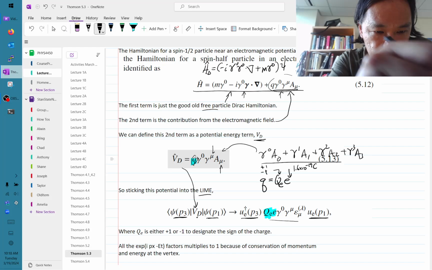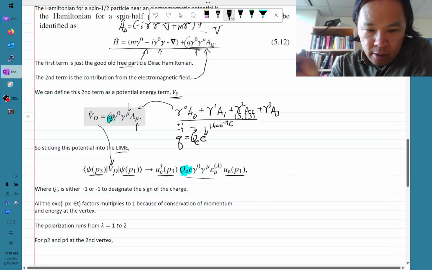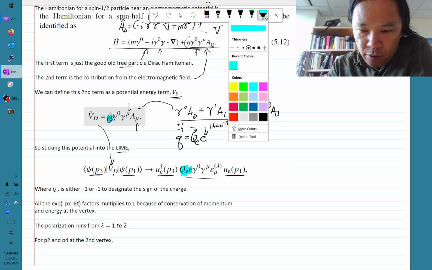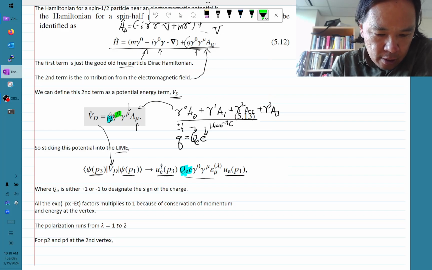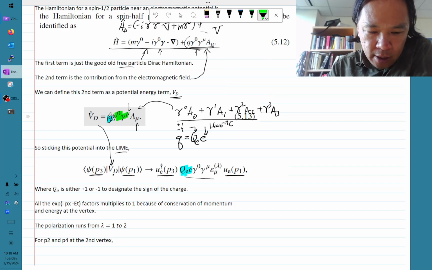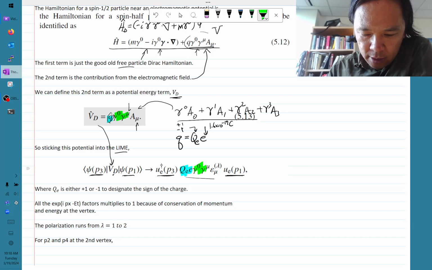Let me maximize this actually. Wish I could have more markers, more highlighters. Gamma mu, gamma 0, gamma mu, that's the same thing as down here.